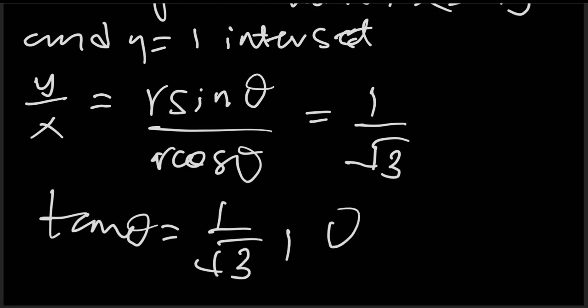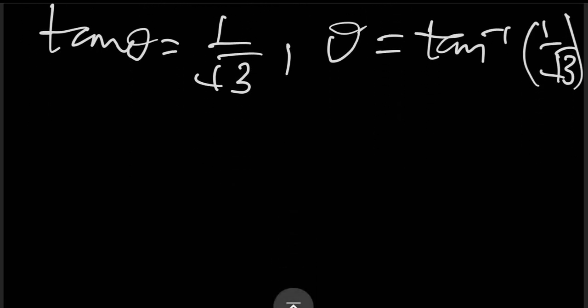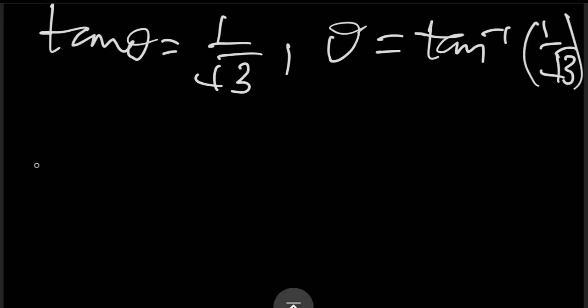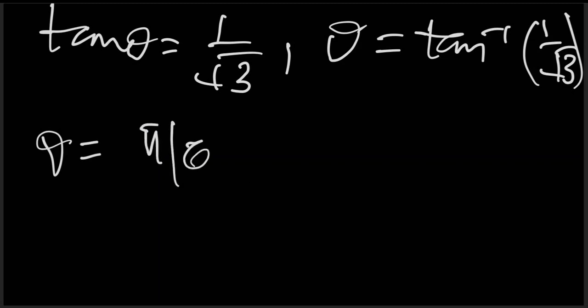Then theta will be equal to the tan inverse of 1 over √3 if we want the value of tan. Then theta will be equal to pi over 6 if you put it on a calculator.